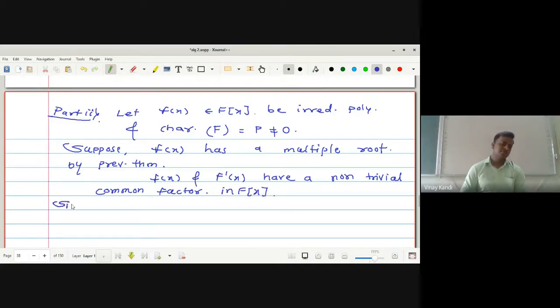Since it is given to us that this f of x is irreducible in capital F of x, same proof as before.